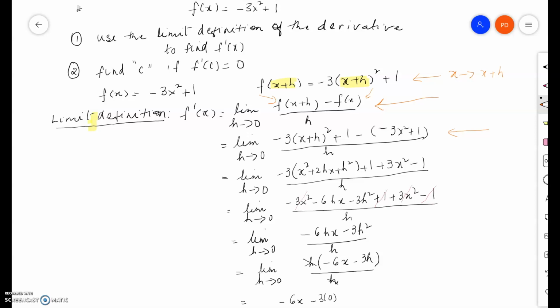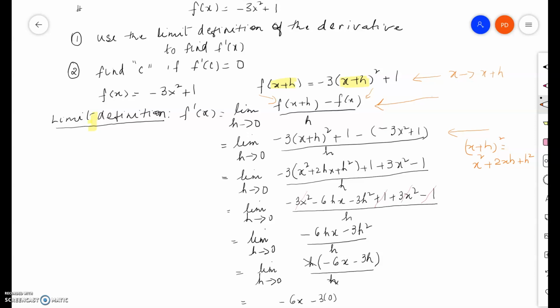We simplify x plus h the whole squared. So square the first, plus 2 times the product of the two, x and h, plus h squared. x squared plus 2xh plus h squared.